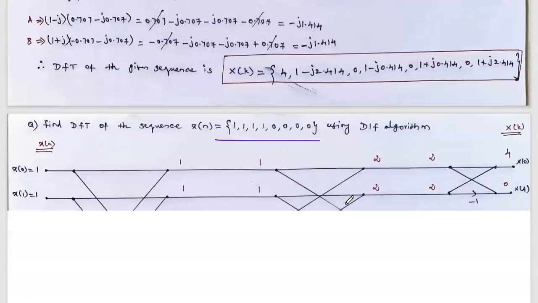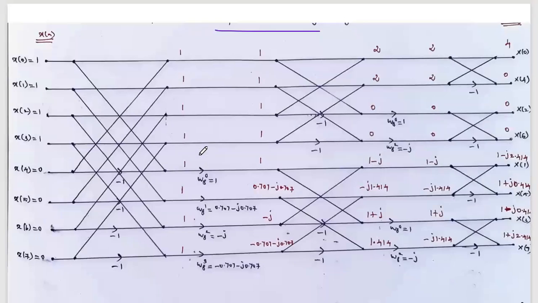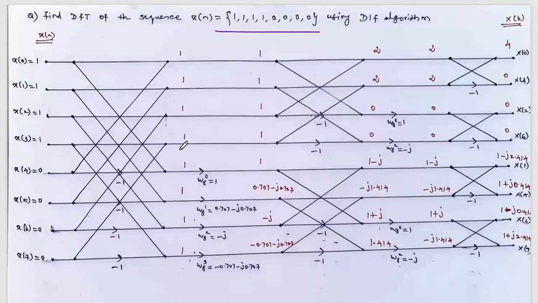But here, the twiddle factor multiplication is available once we have completed the butterfly. In the first stage, after calculating this 8-point butterfly, we have to multiply with this twiddle factor. Similarly here, after calculating the 4-point butterfly, we multiply by the twiddle factor, and here also. So this is another difference.